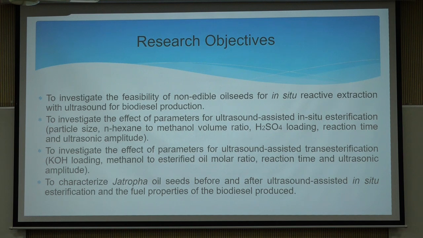Later I'll show you. Then we study the effect of the parameters for the ultrasound-assisted in situ esterification and transesterification process. Lastly, we do the characterization of the jatropha seeds before and after the ultrasound, and also a few properties of the biodiesel produced.